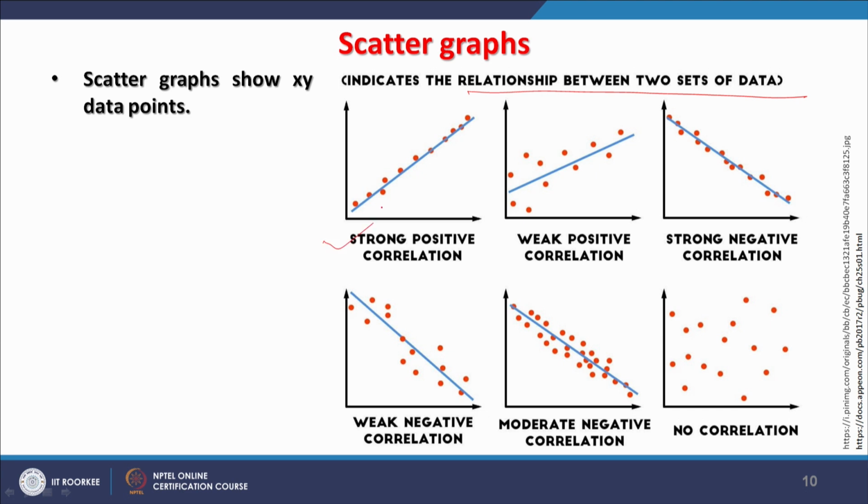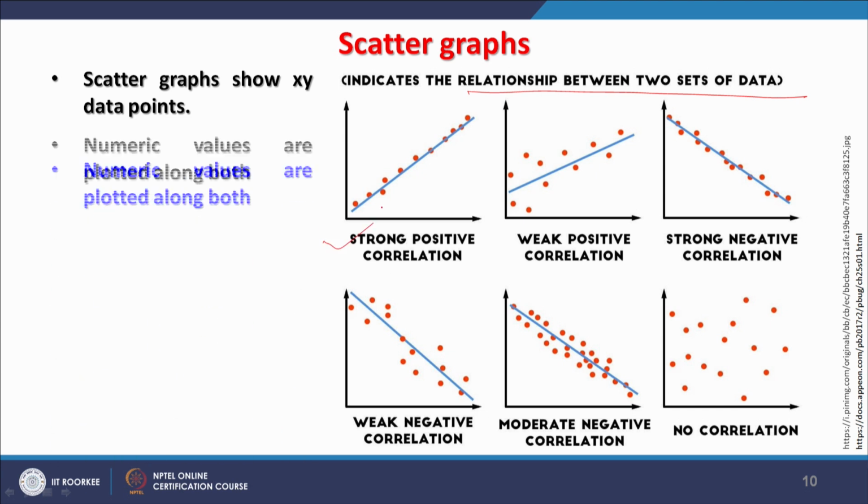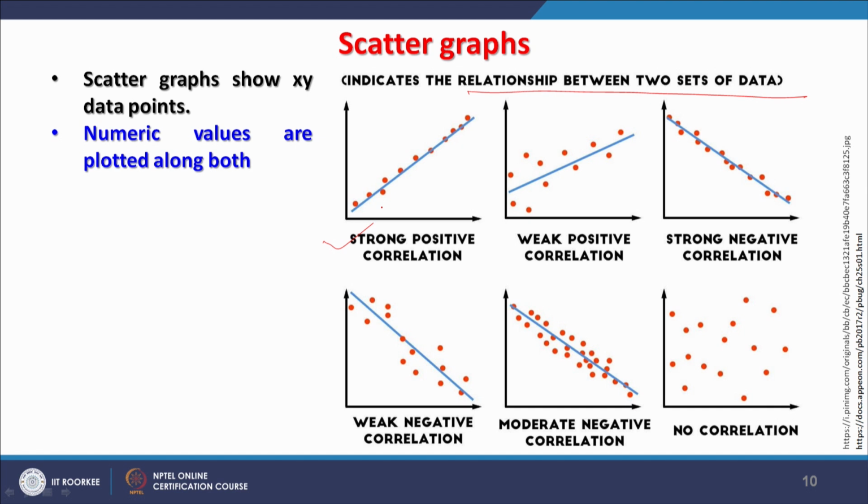Like in the first example, we have a very strong correlation because as we move along the x axis, the values of the other variable, the other series, are also moving in the same way along the y axis, and therefore, most of these dots lie along the best fit line, and that best fit line is also at roughly 45 degrees.